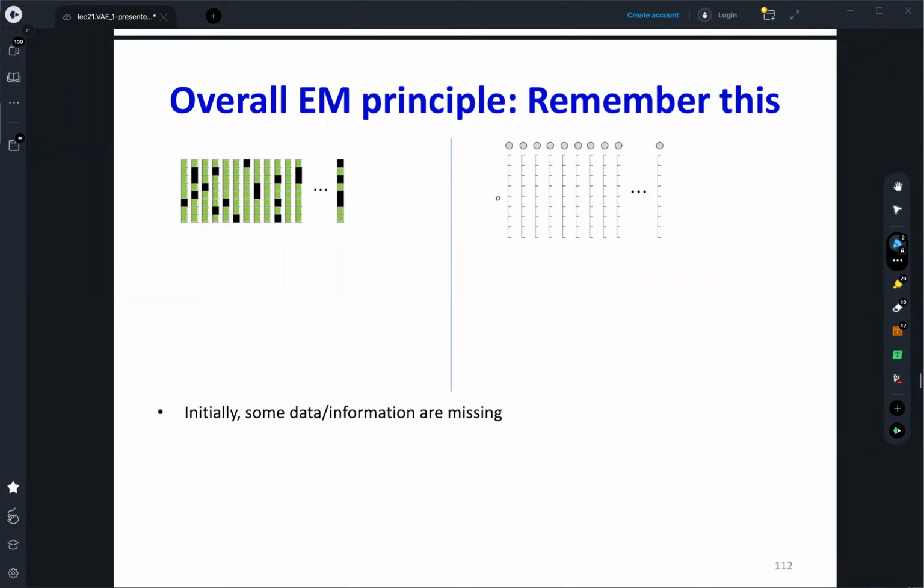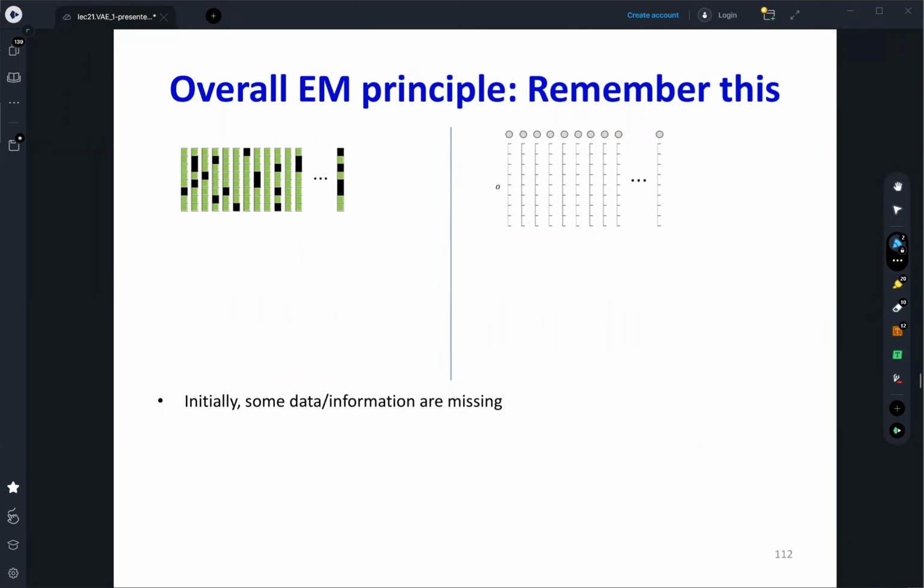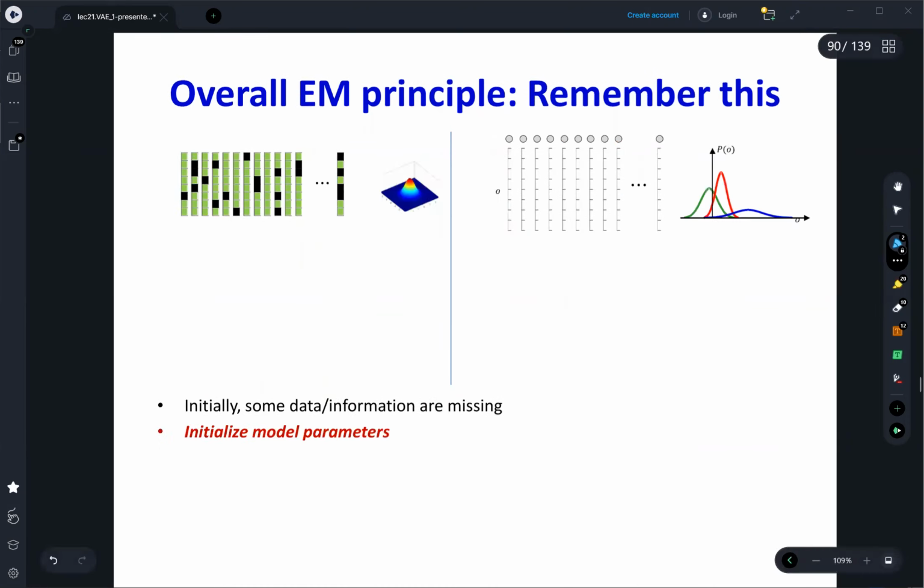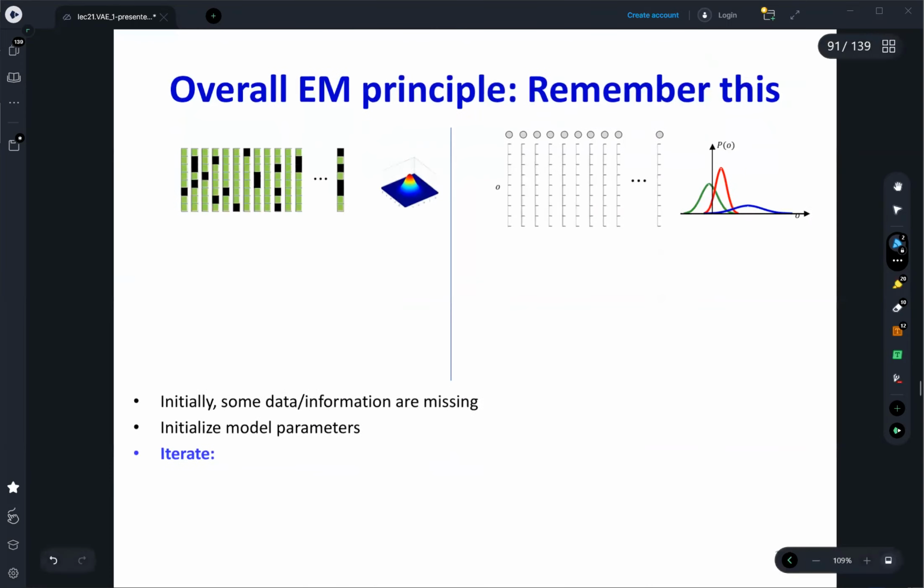Here's the overall EM principle, the general principle of estimating model parameters by maximizing a lower bound. Remember this. Initially, some data or information are missing. We're going to initialize the model parameters. Then we're going to iterate this.